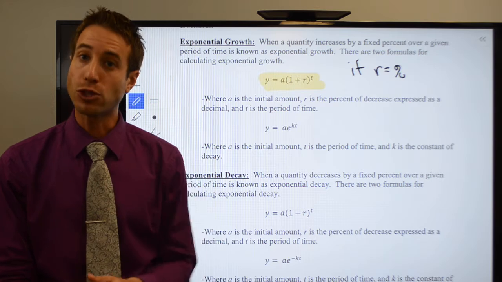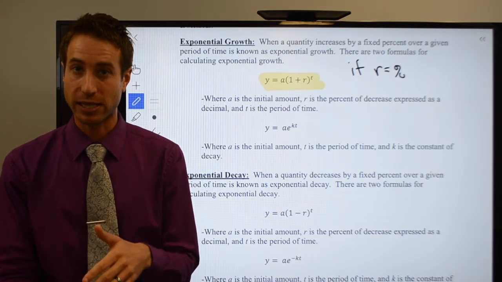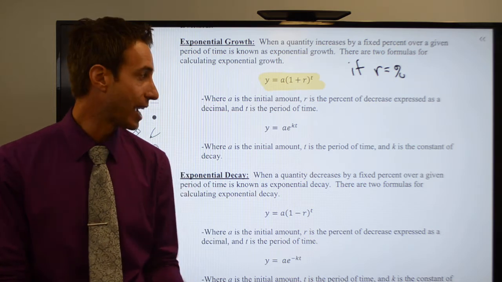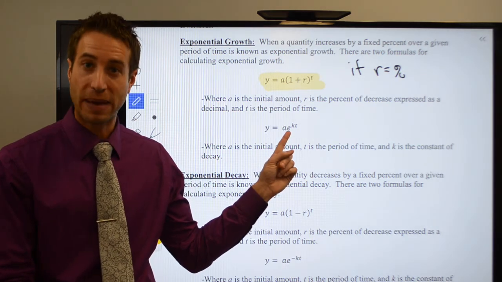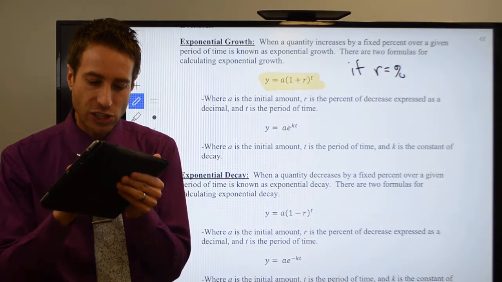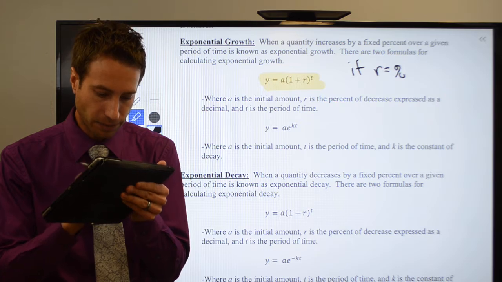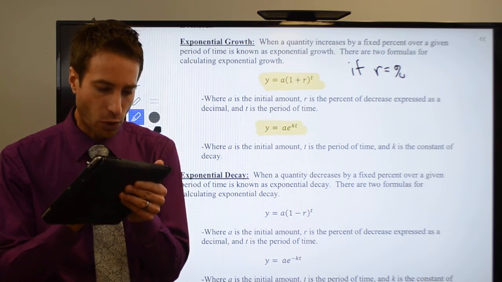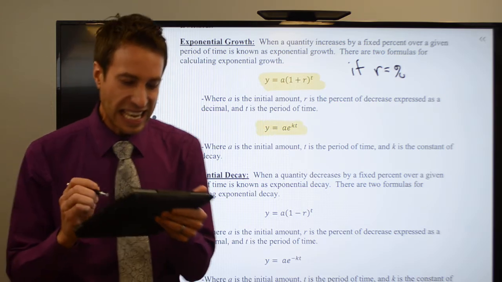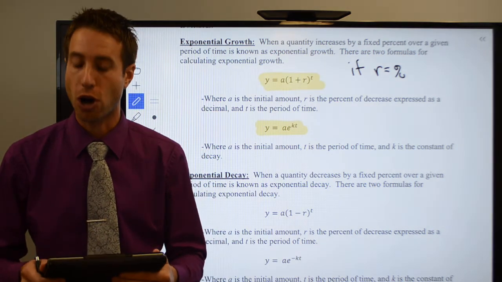However, we also got in the previous section a continuous exponential growth equation where we use the natural base e because it is continuously growing. You'll use this formula in the event that you are given a growth constant.